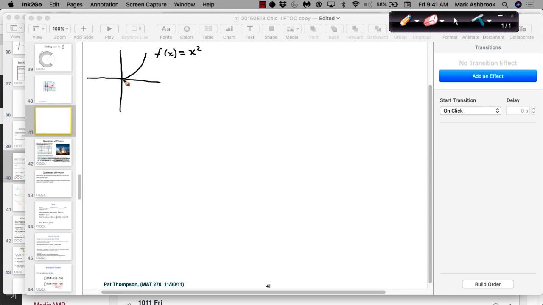I'm going to revolve that about the x-axis. And so we'll get kind of like a Hershey's Kiss. And for surface area, we're talking about the lateral, the side surface for that Hershey's Kiss.